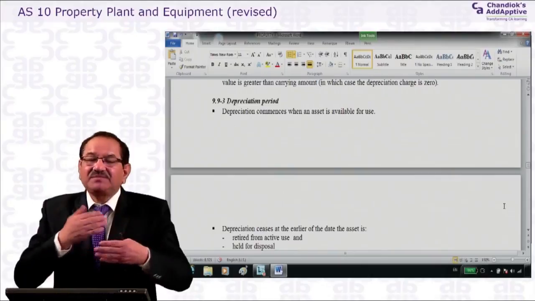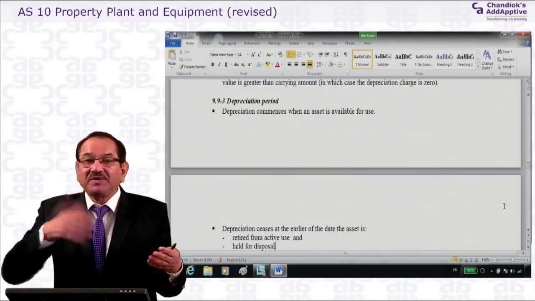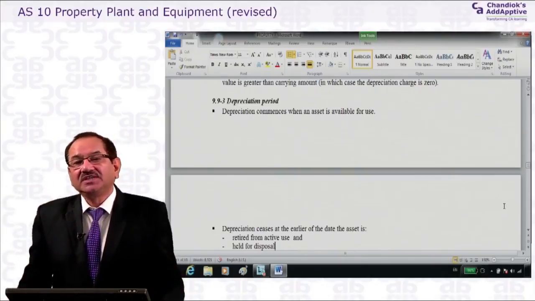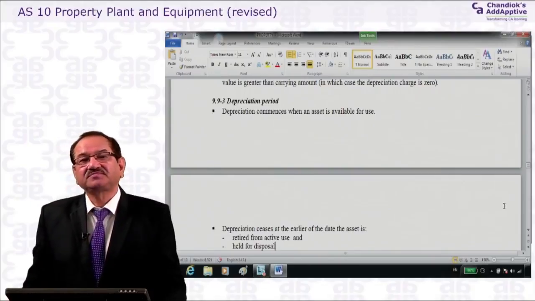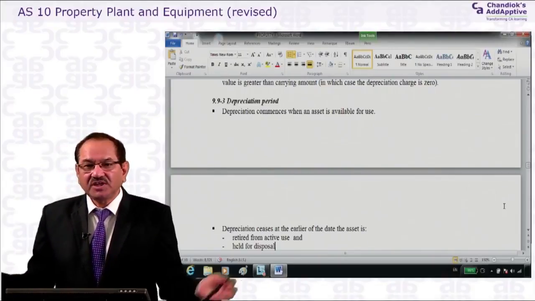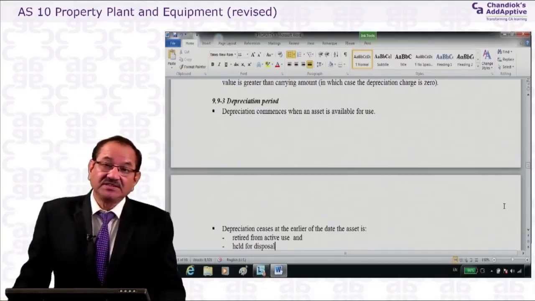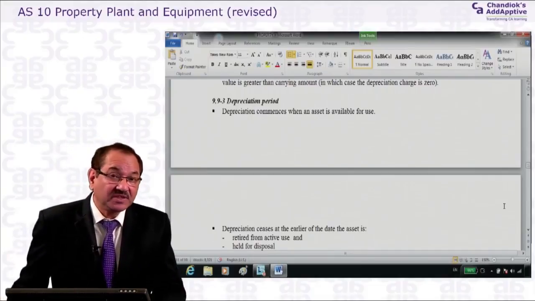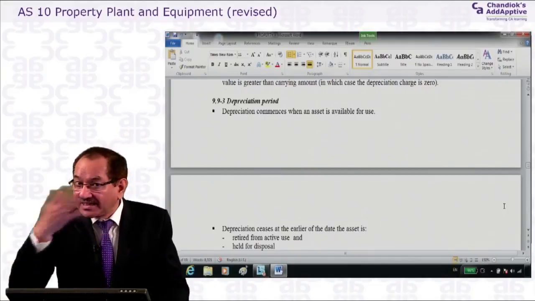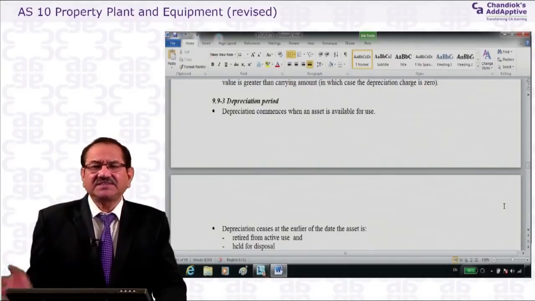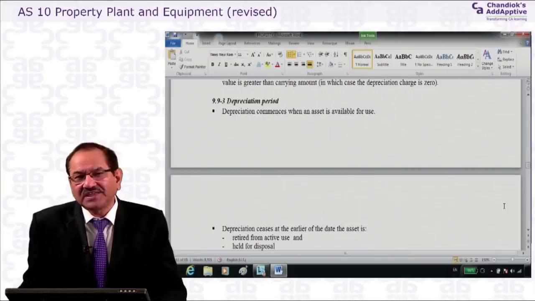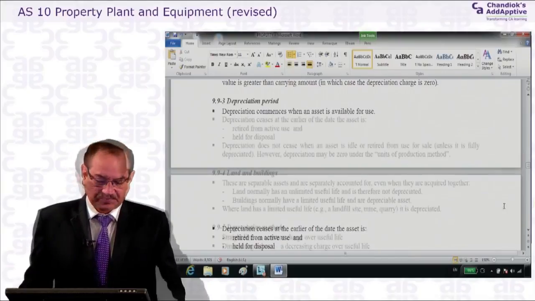They say the depreciation method should be such which will reflect the pattern of consumption of future benefits. And that pattern of future benefit consumption is again an estimate. So everything is an estimate, so why should it be considered a change in accounting policy?